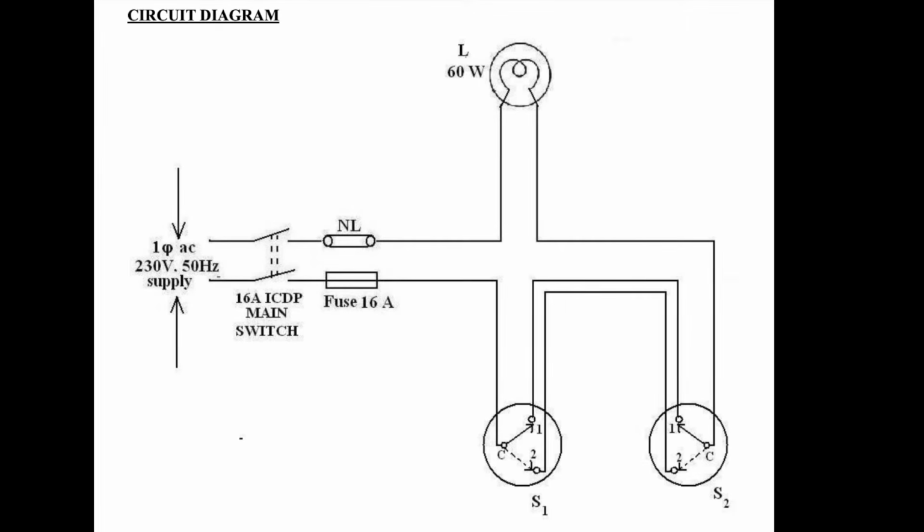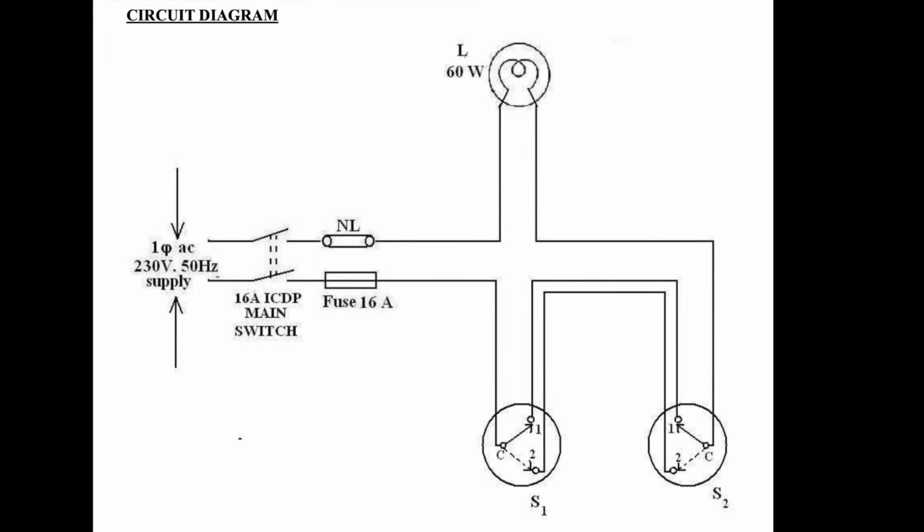So you can see whenever this connecting rod turns from position C to 2 for both switch S1 and S2, a continuous connection will be established right from the phase common point, then at the terminal 2 of switch S1, then the current flows to the terminal 2 of S2, and since S2 is also in the position C2, from terminal 2 of switch S2 it reaches the common point C of switch S2, and hence it will reach the lamp, and hence the lamp glows.